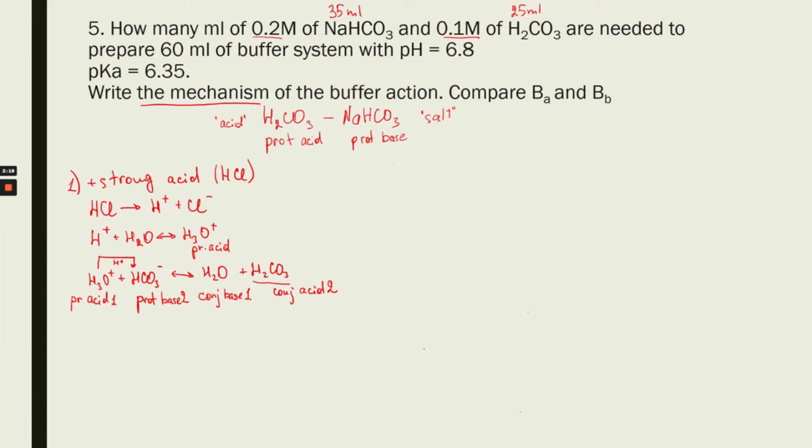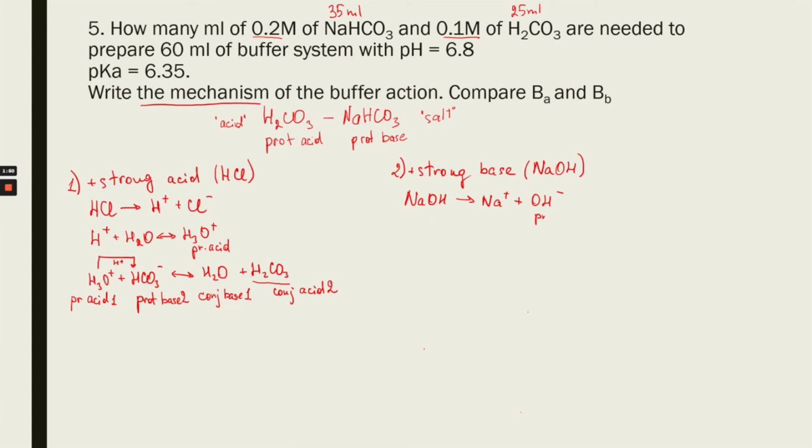So now let's write the mechanism when we add strong base. We take as example NaOH, and it dissociates and gives us sodium cations and hydroxide anions. This can influence on pH.